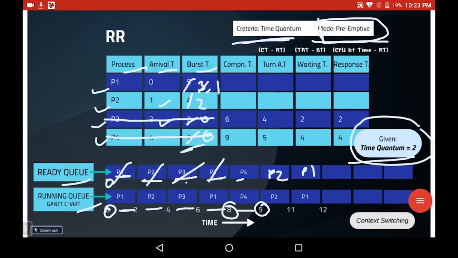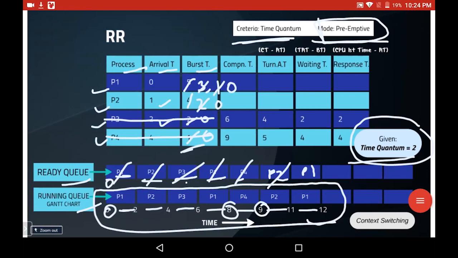Now we have P2 and P1 left. P2 will execute for 2 units of time and then it will be done. So P2 executes from 9 to 11, and then P1 has 1 left and it will execute again for 1 unit of time, and the whole Gantt chart we'll obtain.